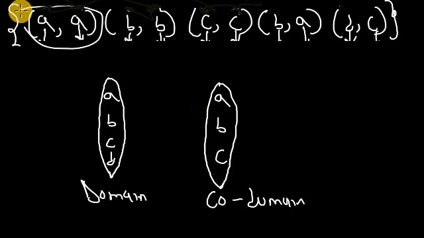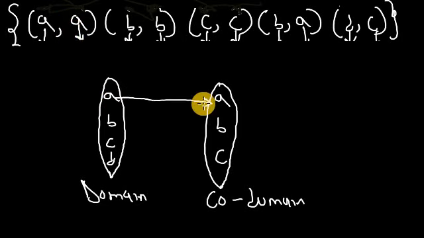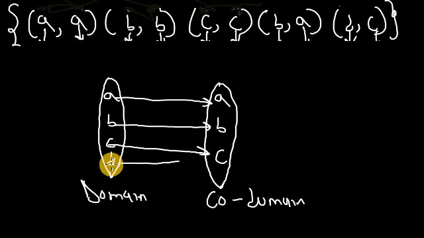For the first ordered pair, the input is A and the output is A. The second ordered pair, that is B being related to B. For the third, C is being related to C. And for the fourth ordered pair, D is related to C. And this is the arrow diagram of the particular relation.